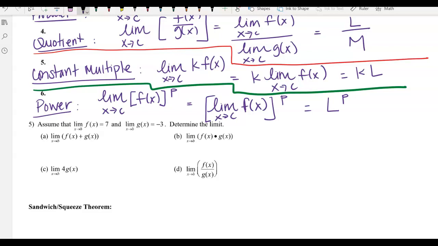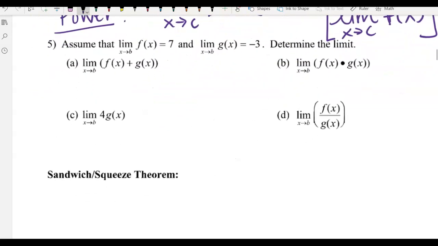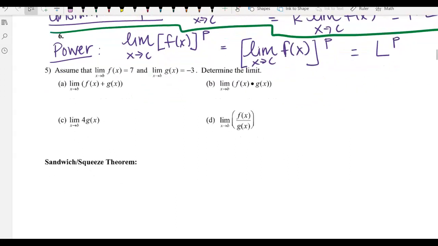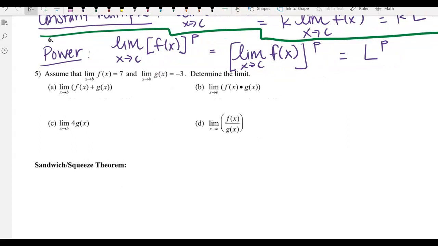All right, let's do it. Andrew, help us read the instruction for number five, please. Assume that the limit of f of x is equal to 7 and the limit of g of x is equal to -3. Determine the limit as x approaches b. Perfect. First, as you can see here, we have two functions adding together.